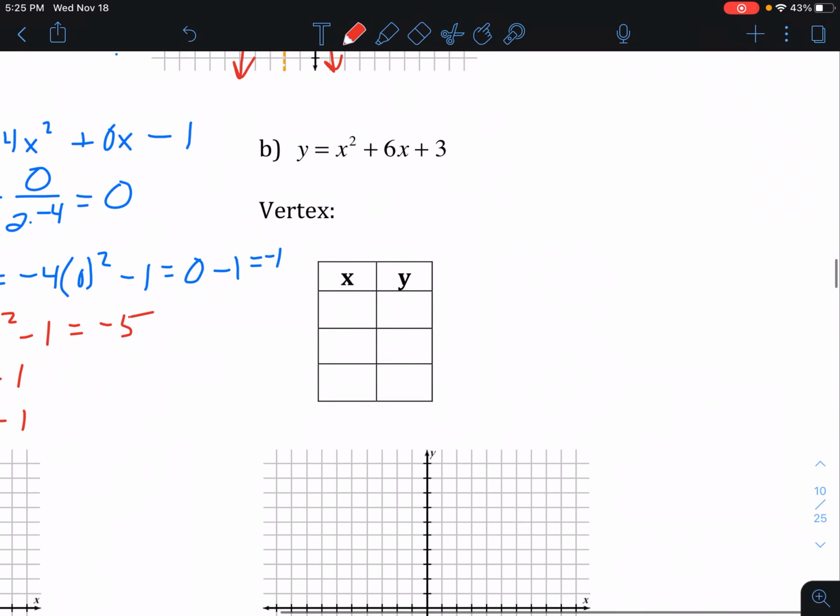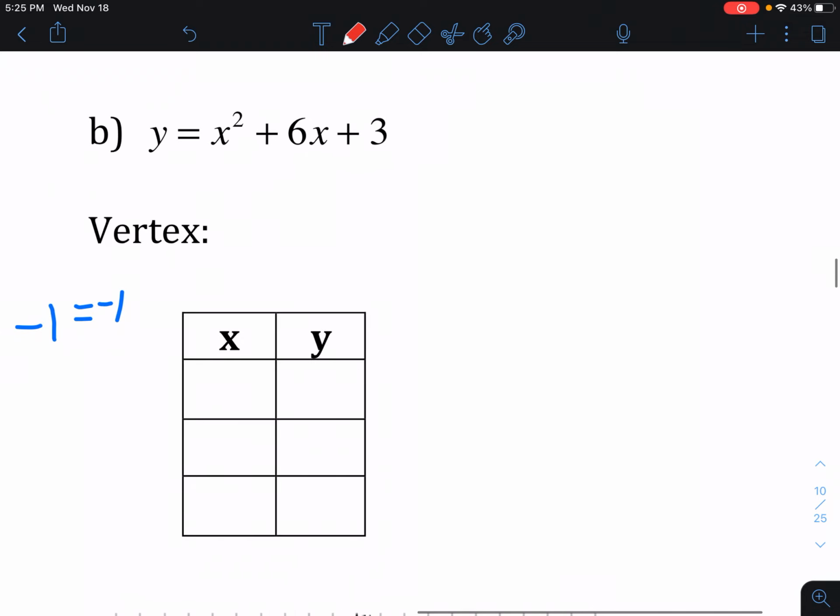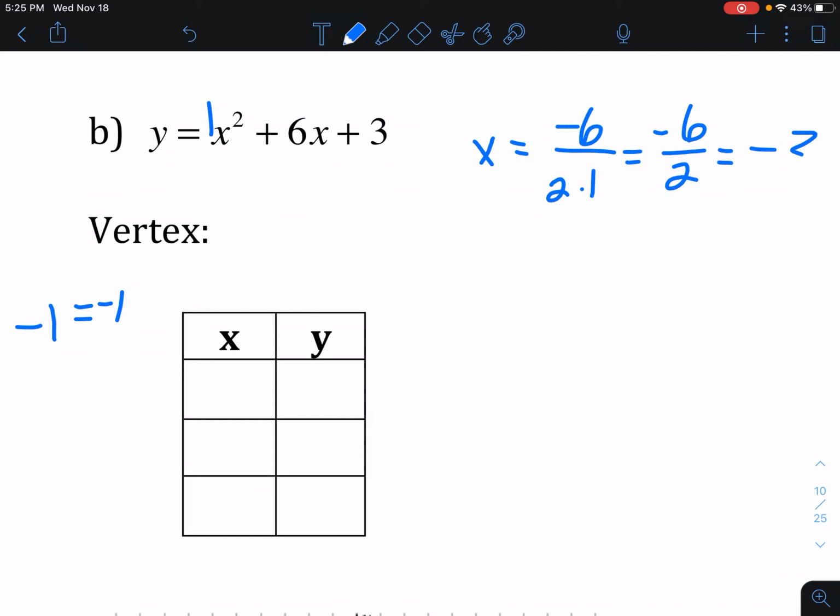Okay, try this one on your own now. So a would be -1, so I'm getting the x coordinate. So -b over 2 times a. My x coordinate is -3.